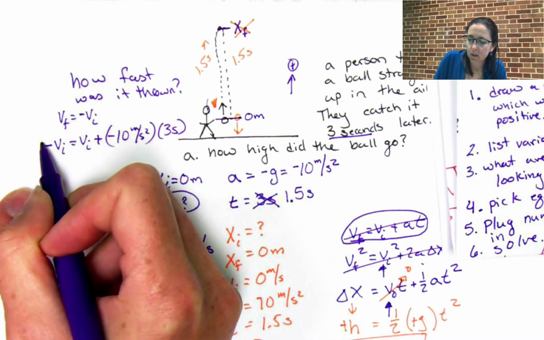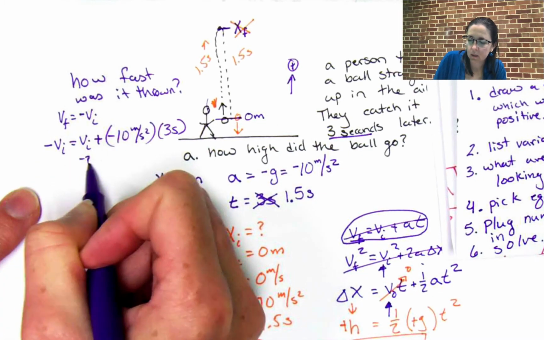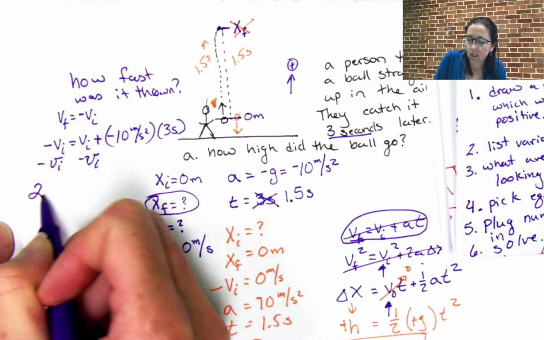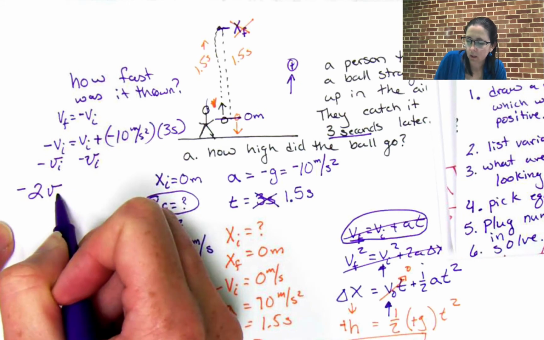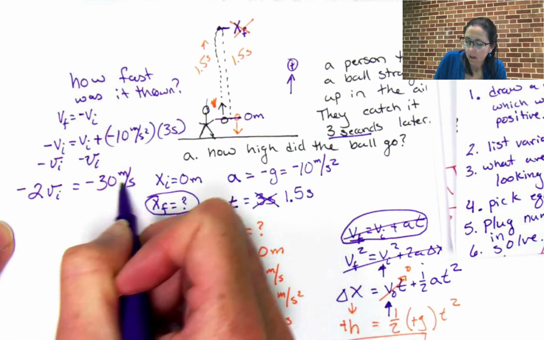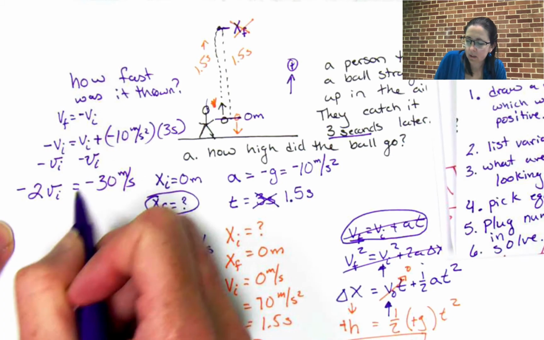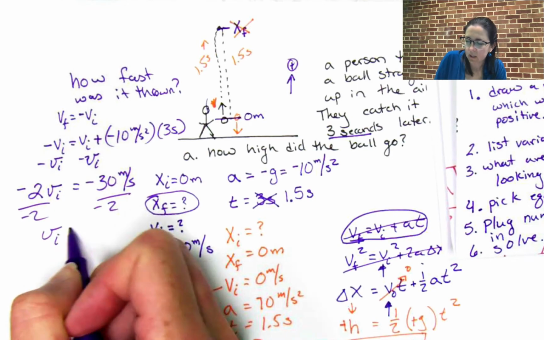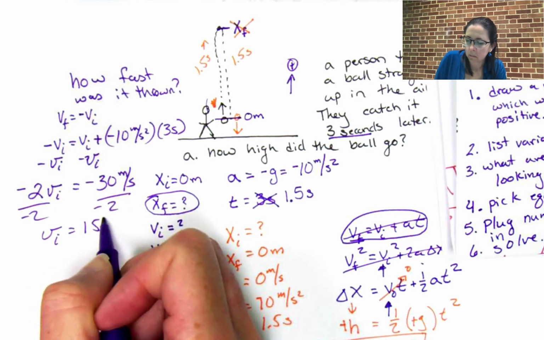This comes to the side. Don't forget when you do this that it becomes negative, so they don't cancel. You get negative 2 times the initial velocity. And then we divide both sides by negative 2. So we get the initial velocity is going to be 15 meters per second.